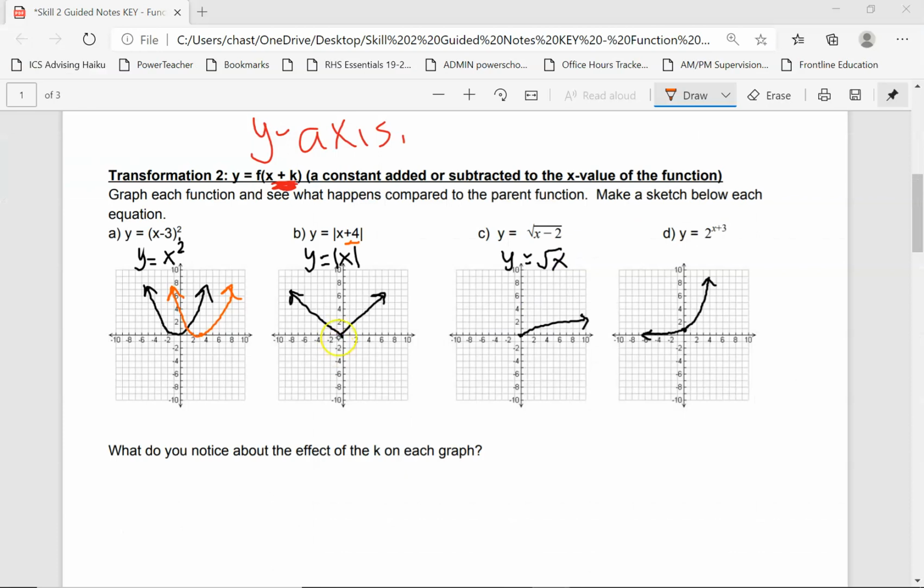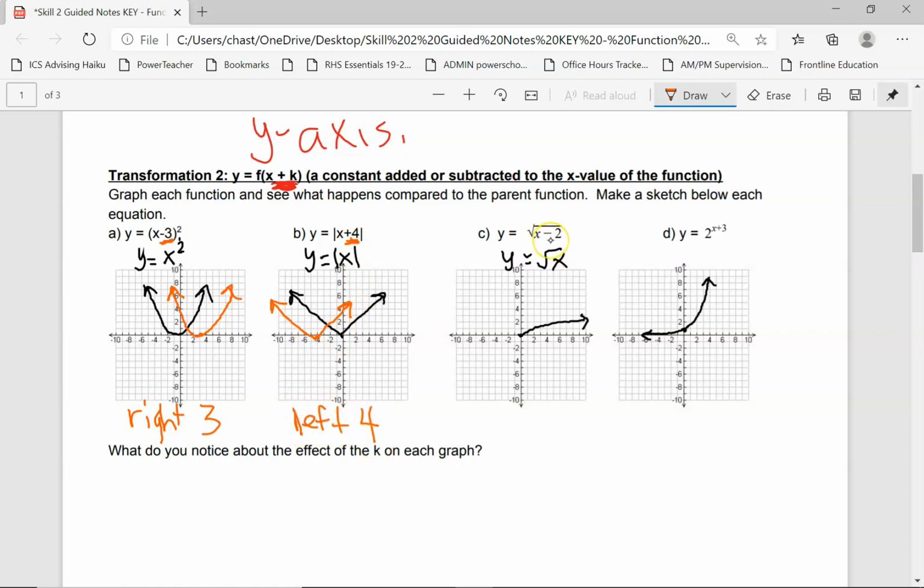Okay, so when I had the plus 4, it shifted over to here. And the graph looked like that. When I do square root of x minus 2, so you may be noticing here, you might be thinking, okay, this said -3, but I went to the right 3. And this one said x plus 4, but I went left 4.